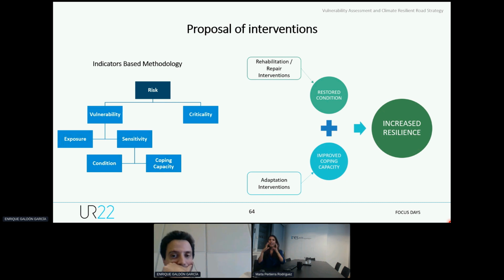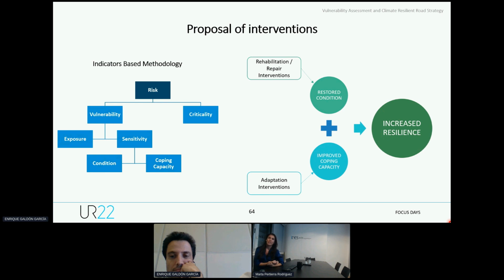This kind of in-depth analysis of the origin of vulnerability is going to help us propose either rehabilitation or repair interventions if the vulnerability comes from the condition, or adaptation interventions if the vulnerability comes from a low coping capacity. Because at the end of the day, exposure we cannot change unless we relocate the road inland some meters away from the coast.